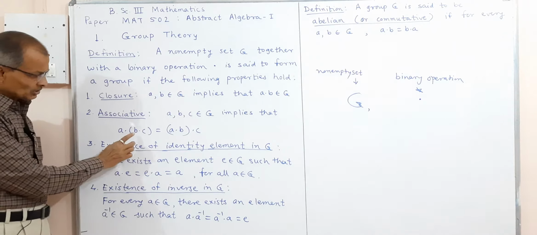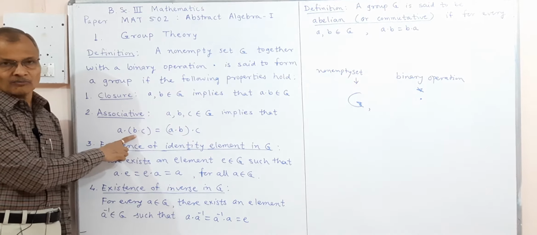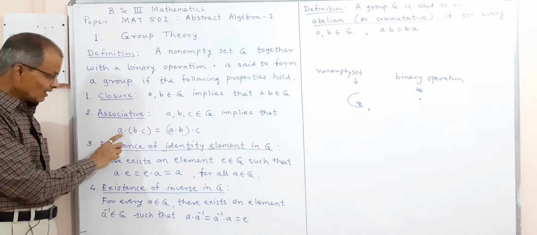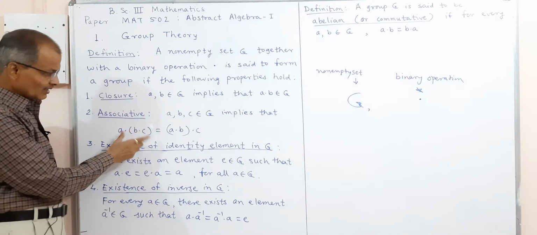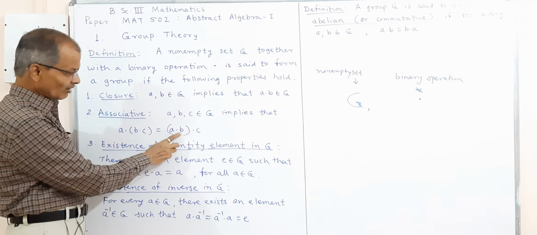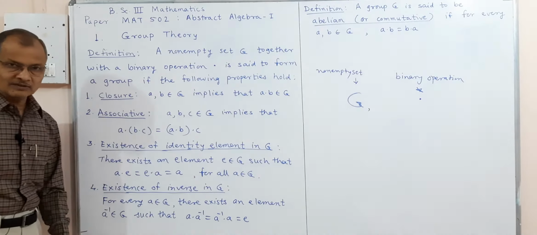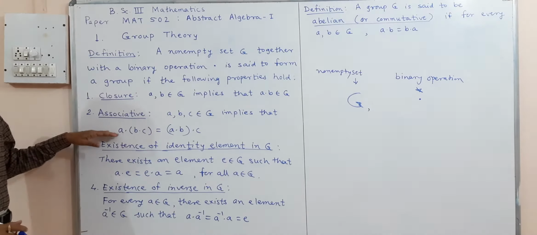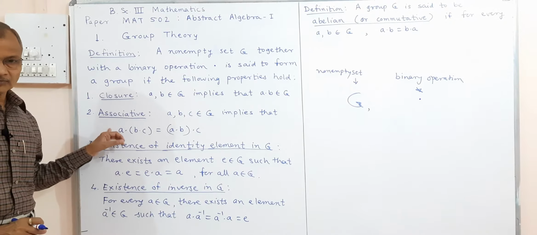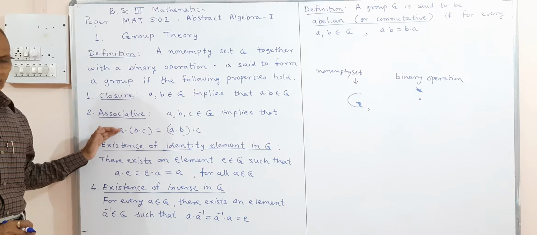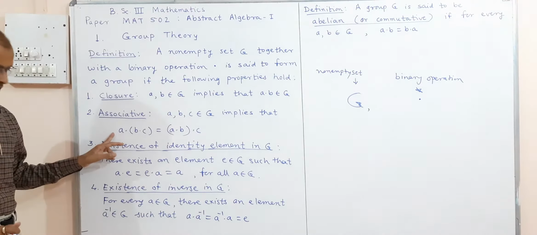First the composition of b and c is considered, and then the product of a and this product, but it is the same as if you consider a dot b first and then with c. So this property is known as the associative property. Now we know usual addition or sum is associative, product is also associative.